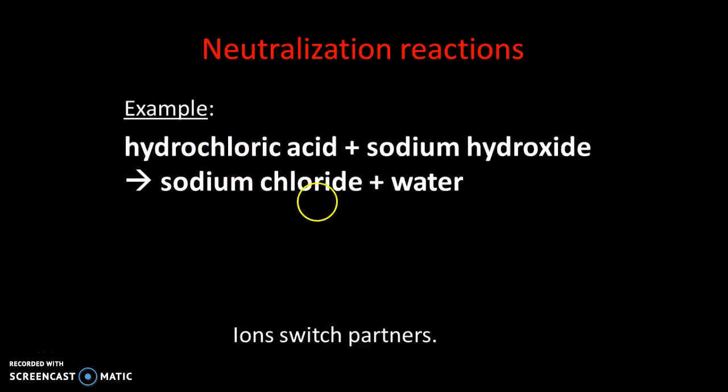Sodium hydroxide can be a pretty strong base, and if you combine those in the proper ratios, then you will get as products sodium chloride and water. They call it neutralization because acids have a low pH, bases have a high pH, and when you add them together, you get a pH that's closer to the pH of water, which is 7.